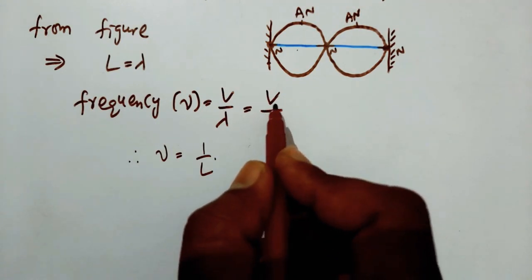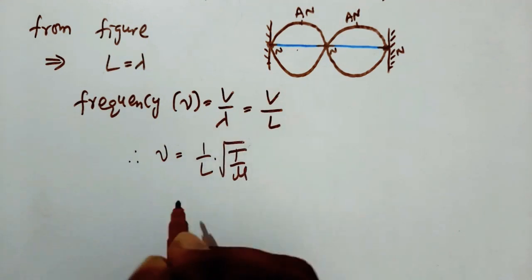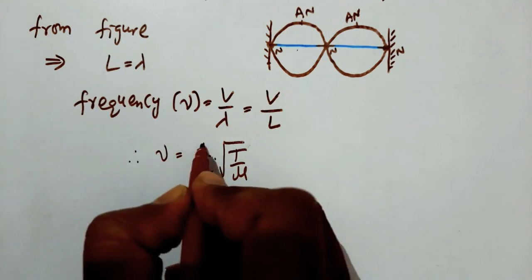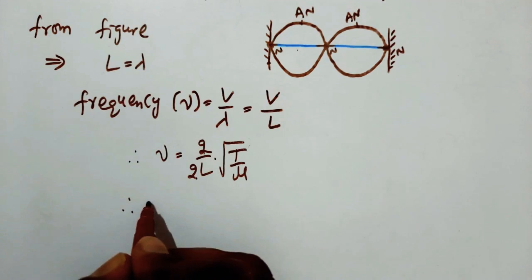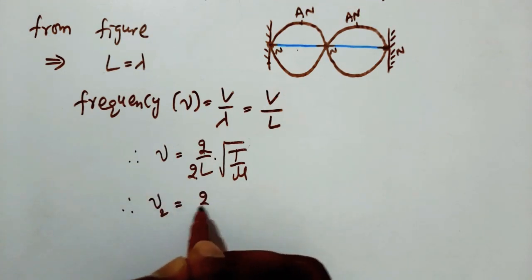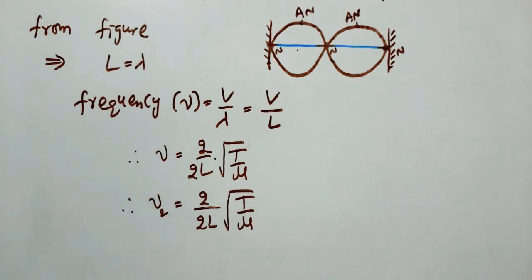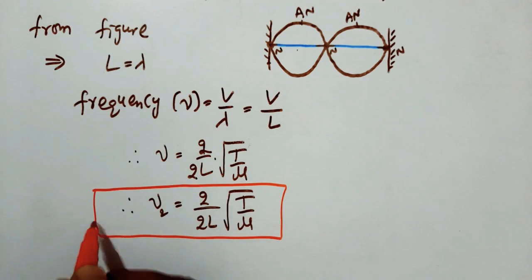We know V is equal to square root of T by mu. Here I am multiplying and dividing with 2. Therefore frequency nu2 is equal to 2 by 2L into square root of T by mu. This is known as second harmonic frequency.